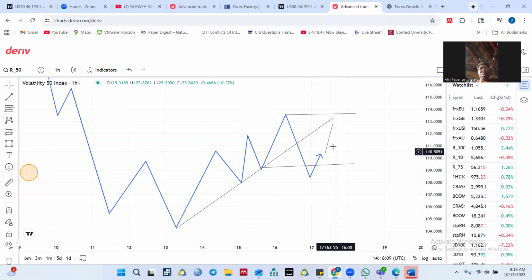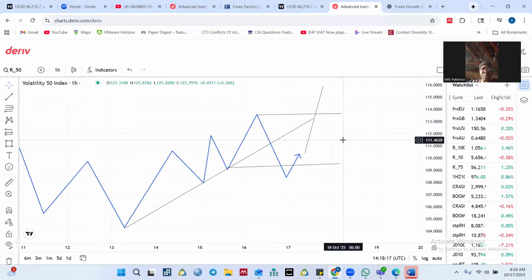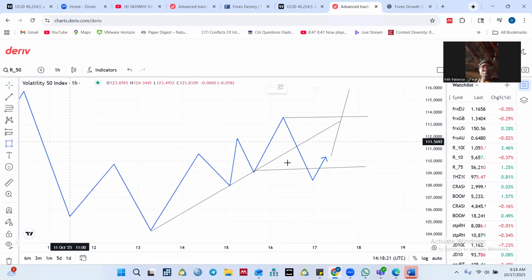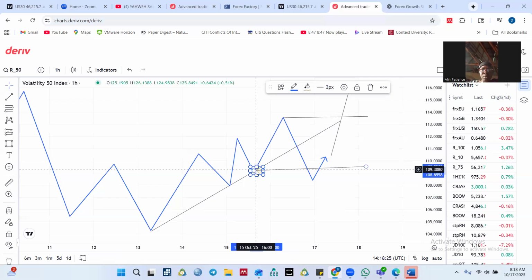But if price goes up and takes this high out like this, the basic understanding is that price only dropped to take this low out as a liquidity grab. Are you getting what I'm saying? Why liquidity grab?